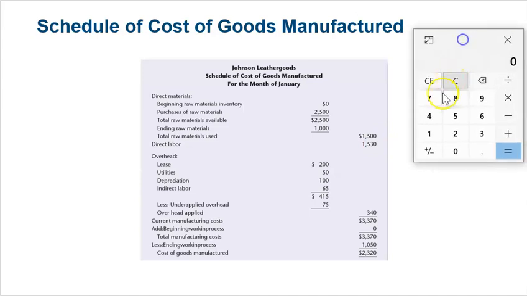We just calculate the amount of direct labor that we used, $1,530. So I'm going to actually bring this over here. So we used $1,500 of materials. We incurred $1,530 of direct labor. And then, although we have our actual overhead here of $415, we're going to use our applied overhead, $340.